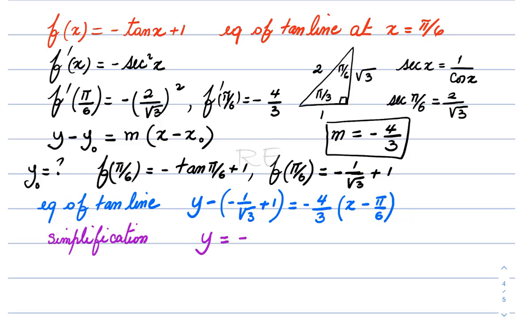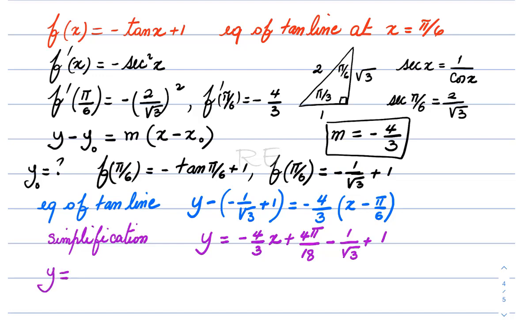Y is equal to distributing negative 4/3 x plus 4 pi over 3 times 6, 18, plus negative 1 over square root of 3 plus 1.